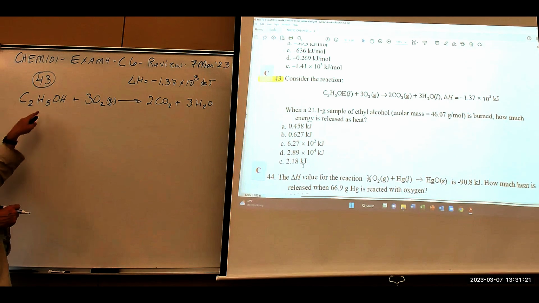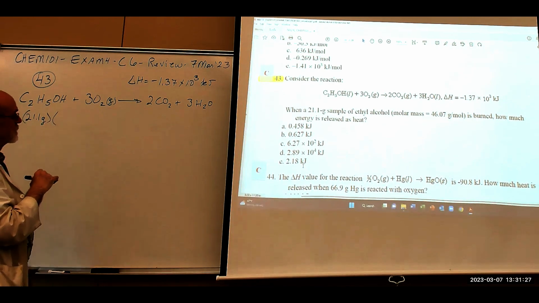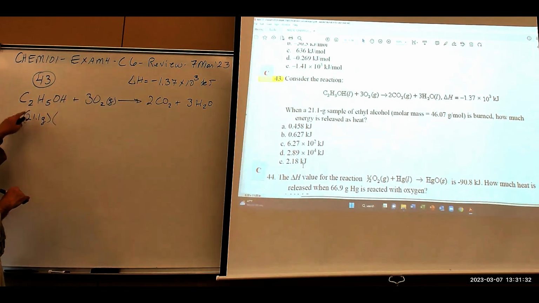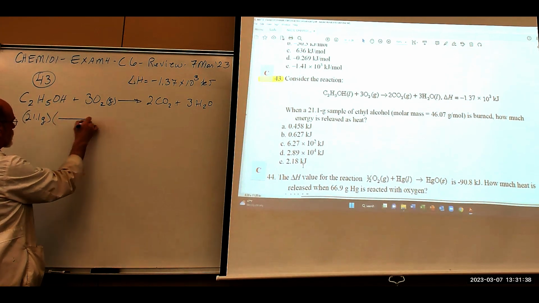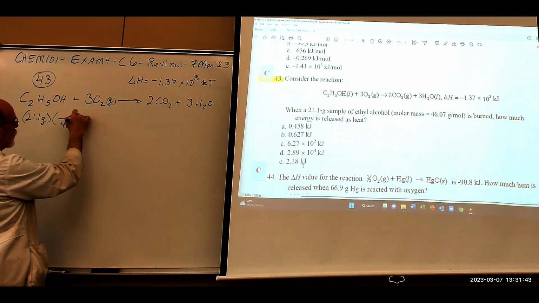A 21.1 gram sample would be what? We need to know moles because this is in terms of the reaction. How many moles are in the reaction? We need to know how many moles of that. 46.07 grams per mole.